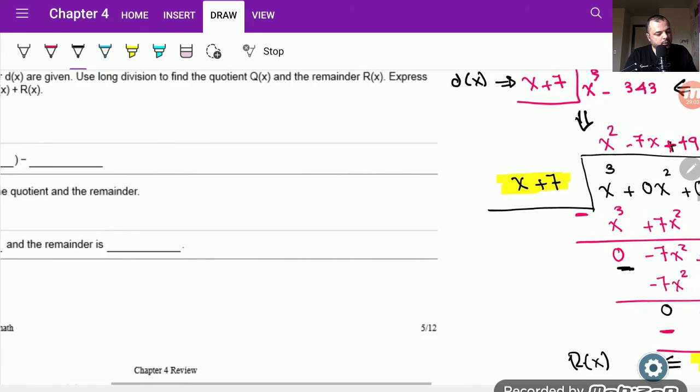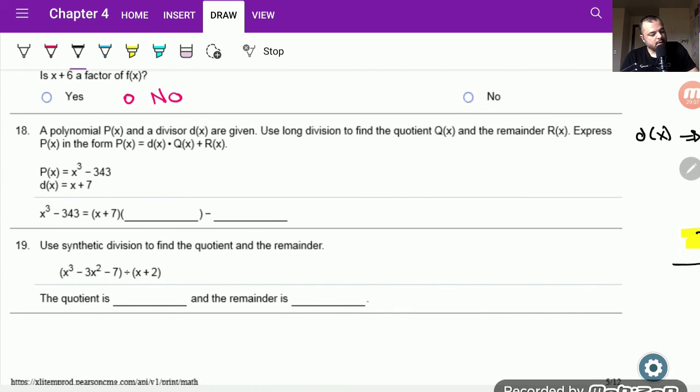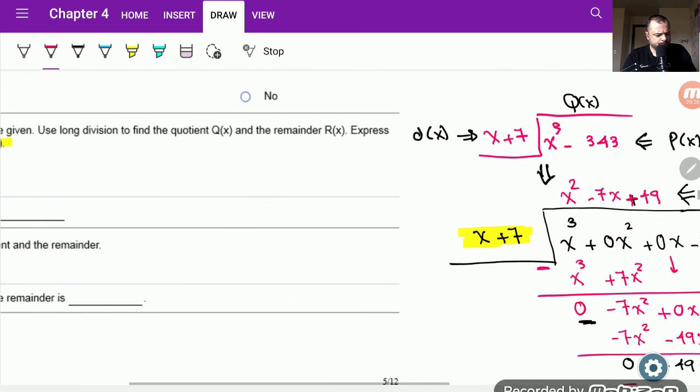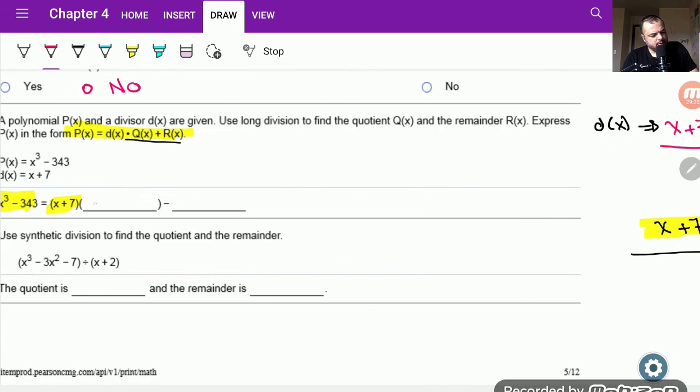So we got back to the question. It says to express what we got as p of x equals d of x times q of x plus r of x. Now, what is q of x? We got x squared minus 7x plus 49.